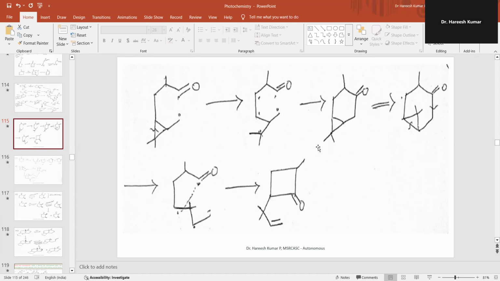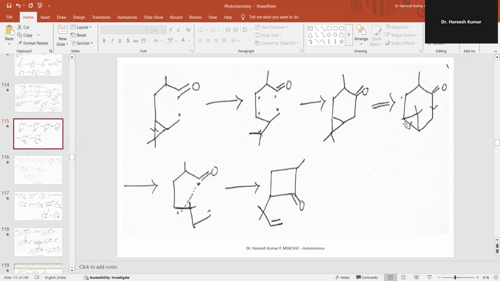So it can be converted into this bond formation. And this is again a naturally occurring compound. The name of this compound is carvone. So that means the Norrish type 1 reaction method of carvone synthesis.